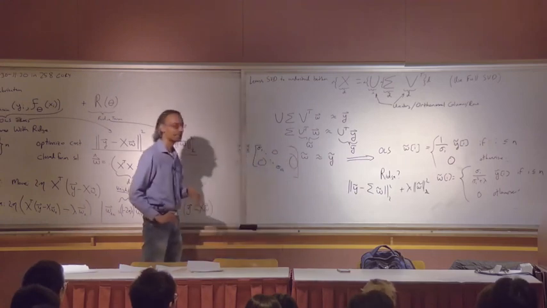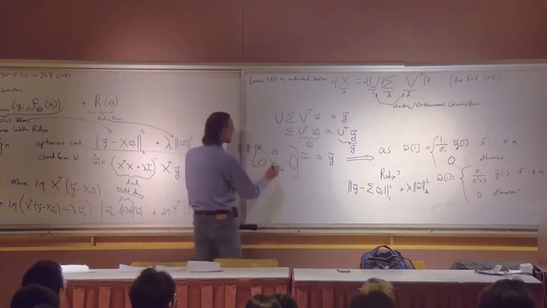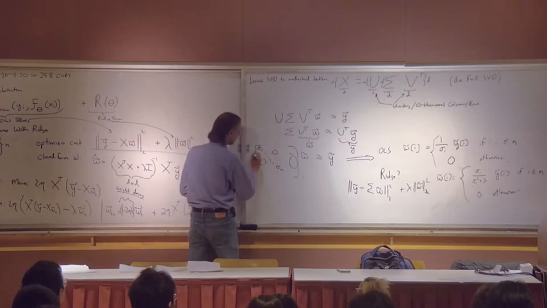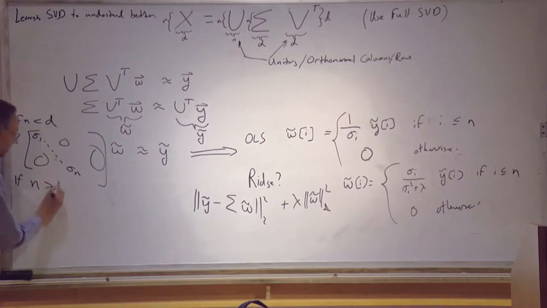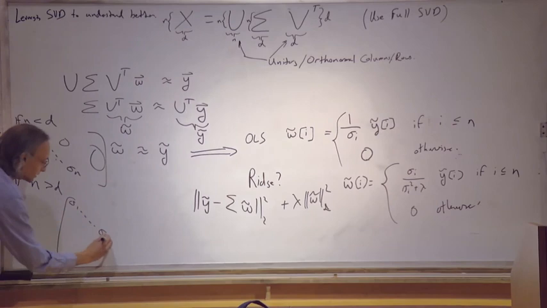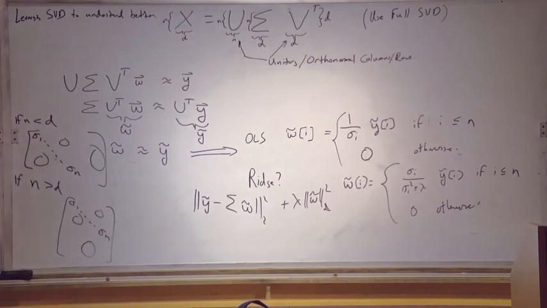This is what it looks like if n is less than d, then it looks like this. If n is greater than d, then it looks like this. Oh, sigma d.